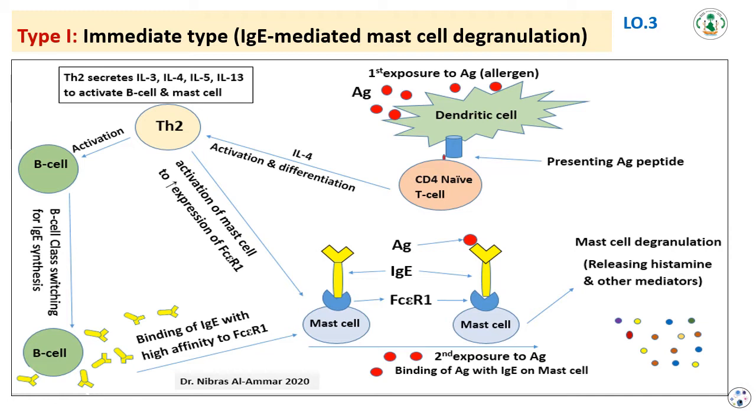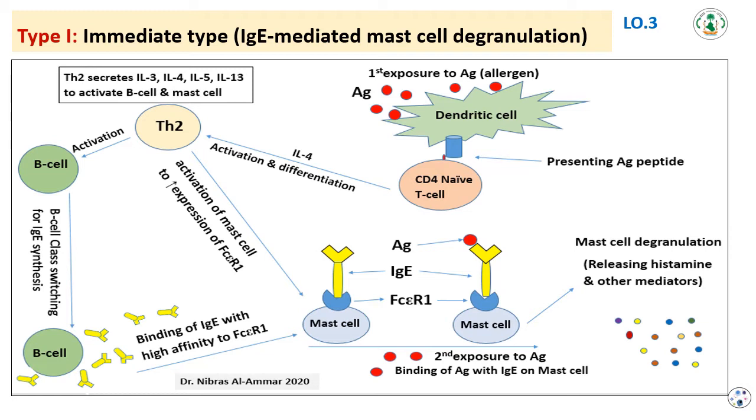After encounter of the CD4 naive T cell with this complex, it will activate, differentiate, and secrete interleukin 4, leading to differentiation into T helper 2.